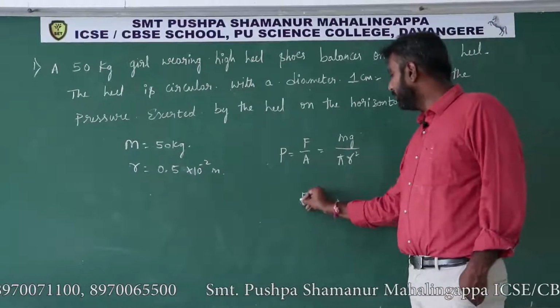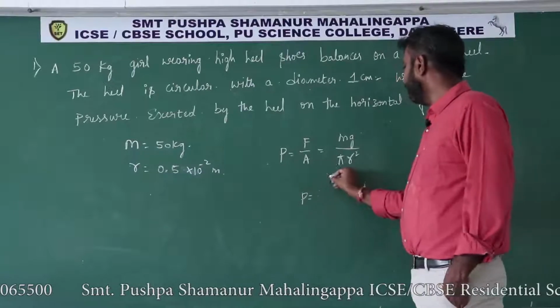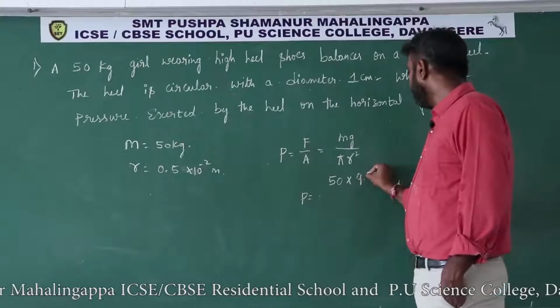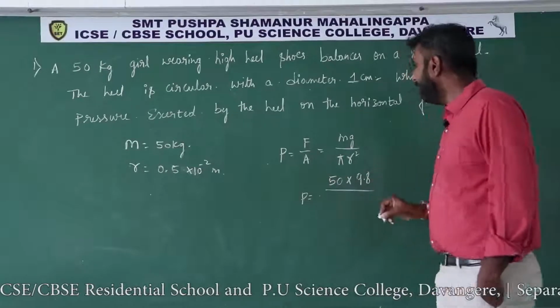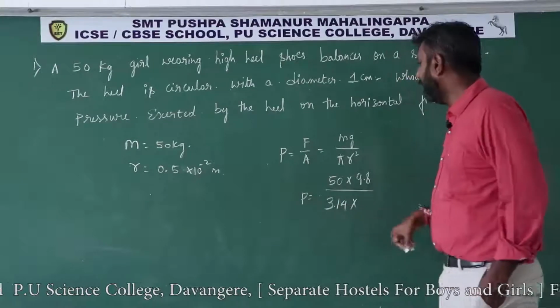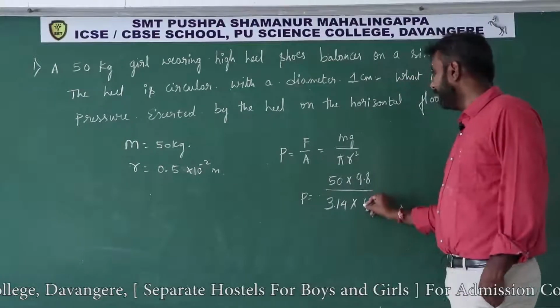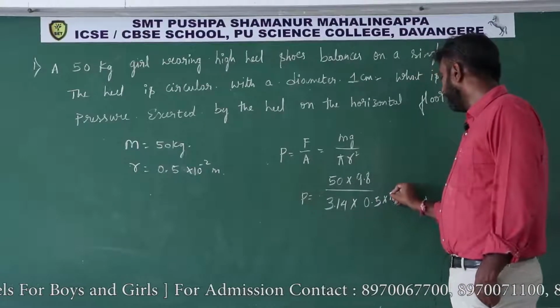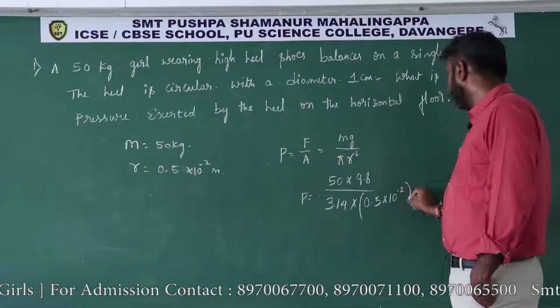Substitute the values. P equals mass 50 into g 9.8, divided by pi value 3.14 into r square. R square is 0.5 into 10 to the power minus 2, whole square.